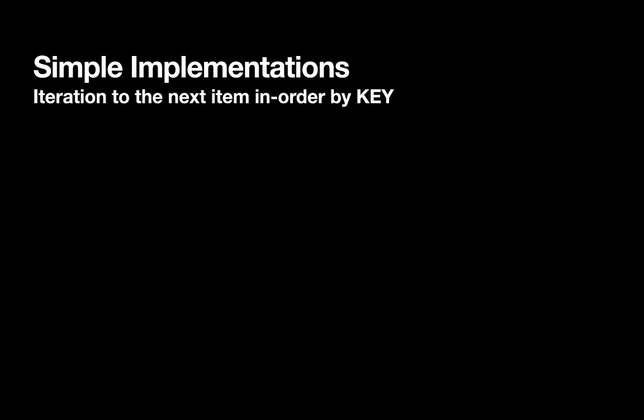So let's talk about implementations for iteration. So here we're worried about iteration that moves to the previous or the next item in order based on key. So if we're entirely focused on moving to the next item, the successor, we would go through the data in ascending order, increasing order.